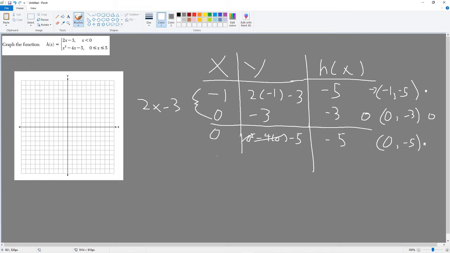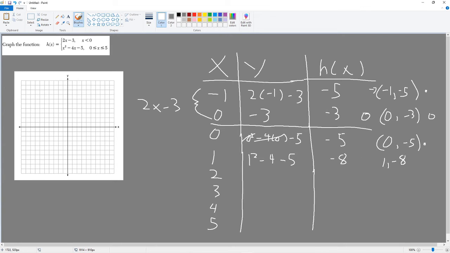Let's do a few more coordinates. We could do up to 5, honestly. So when x is equal to 1, we have 1 squared minus 4 minus 5. So 1 minus 4 is negative 3, negative 3 minus 5 is negative 8.